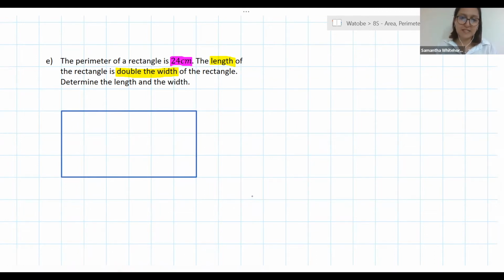Those of you saying 6 and 12, I want you to go and check. If you're telling me that your length is 12 and your width is 6, does that give you 24 when you add them up?